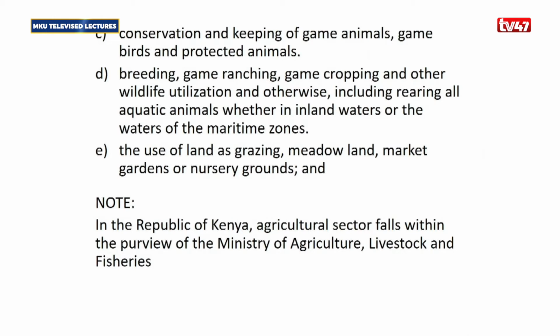Then D, breeding, game ranching, game cropping and other wildlife utilization, including rearing all aquatic animals. That means fish and so on, whether in inland waters or in the waters of maritime zones.